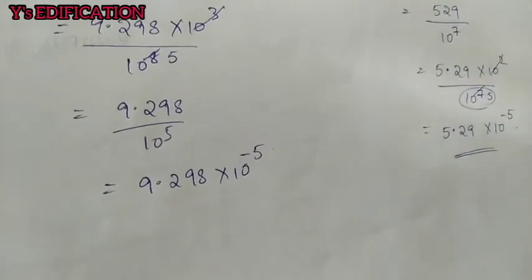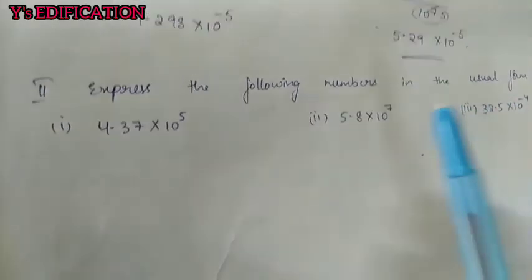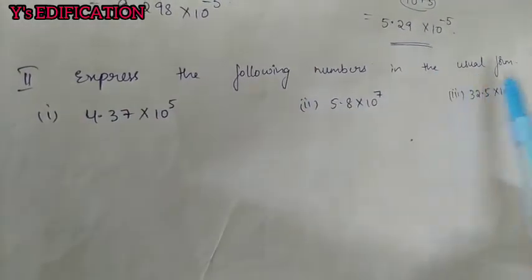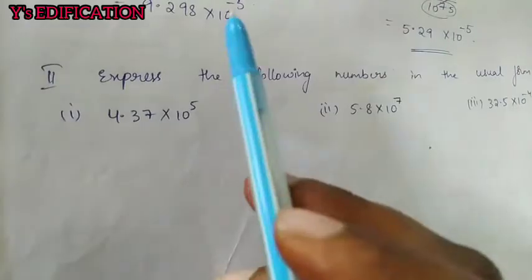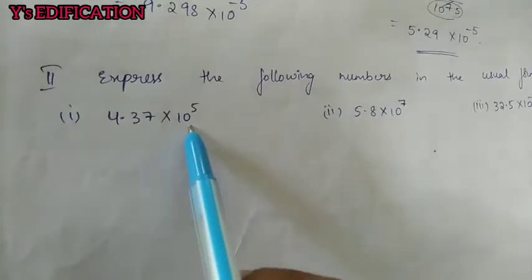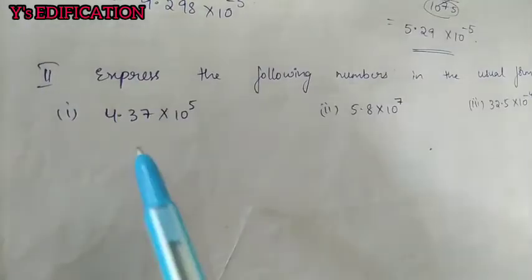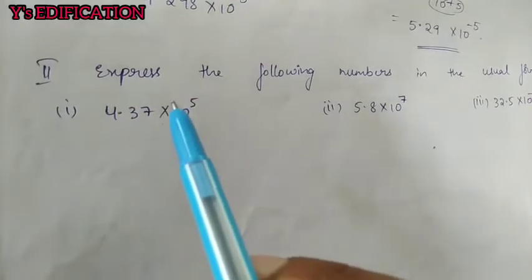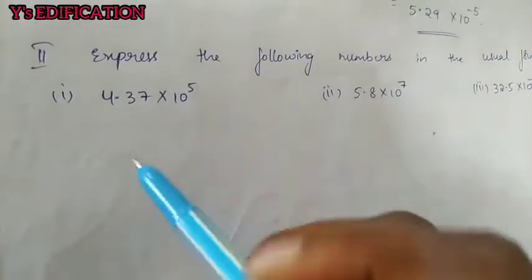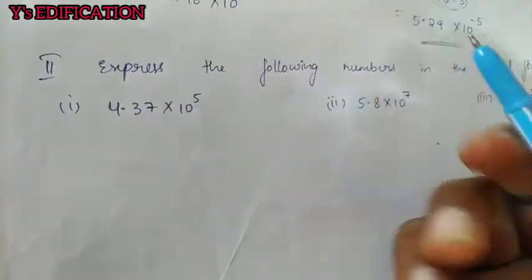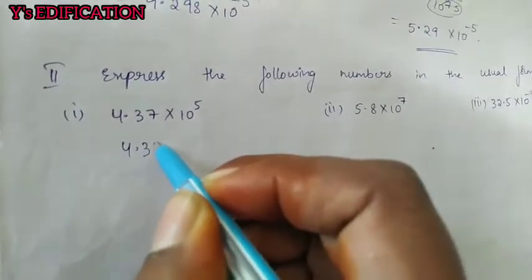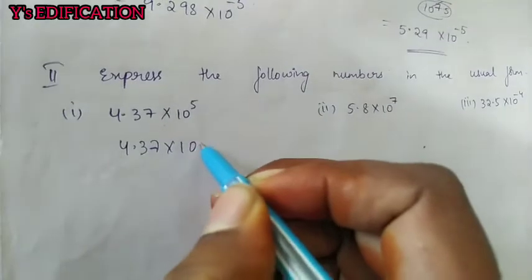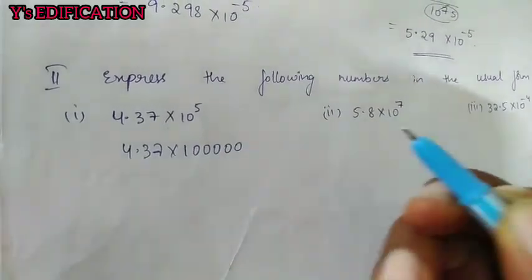Okay. Next one. Express the following numbers in the usual form. So 4.37 into 10 power 5. Okay. Previously they gave this number and we converted it into standard form. Now they gave the standard form and I asked them just to find out the usual form. So 4.37 into 10 power 5. That means 4.37 into 1, 2, 3, 4, 5.